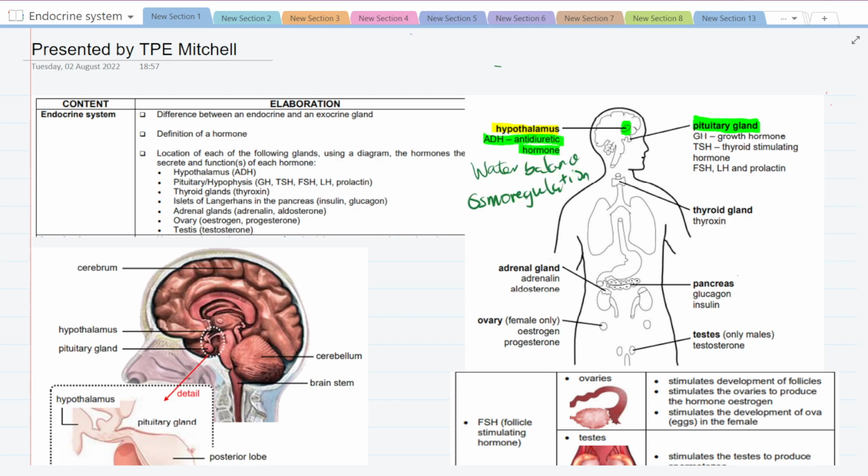Now moving on to the second, as I've already discussed, this is your pituitary gland, and they normally refer to it as hypophysis, so you must also remember that term.